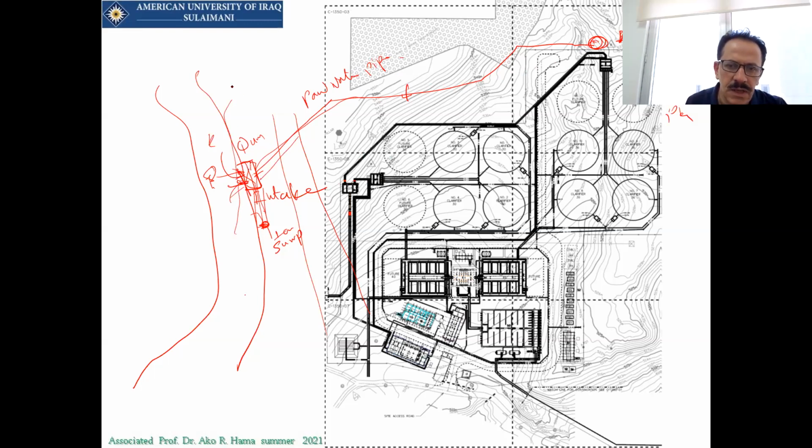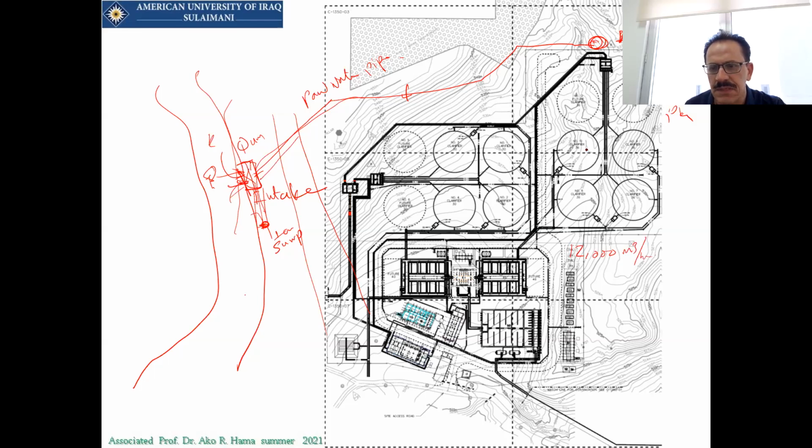Now we calculated how to find the capacity of this treatment plant, because the capacity of this treatment plant means how much water is needed to be supplied to the city. For Dukan water treatment plant, its capacity is about 12,000 meter cube per hour.